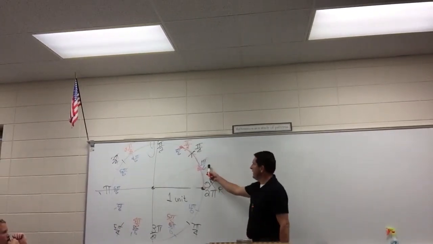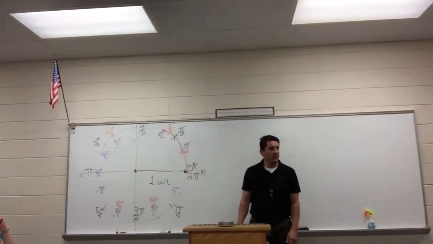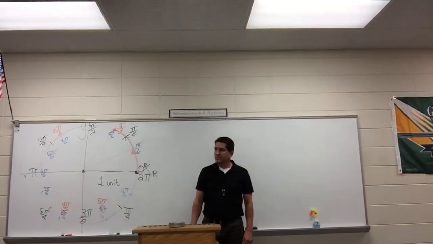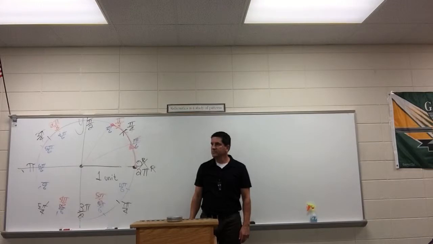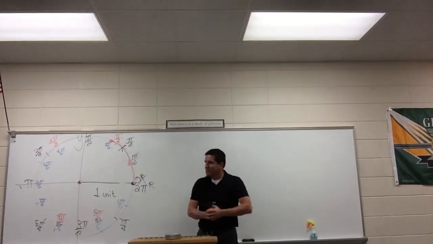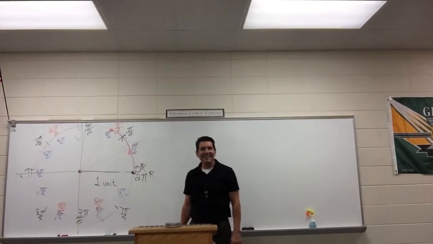Anybody remember this offhand? Pi over 6, what is it? That sounds about right. Yeah. It's a square root of 3 over 2, and it's got a 1/2 in it.